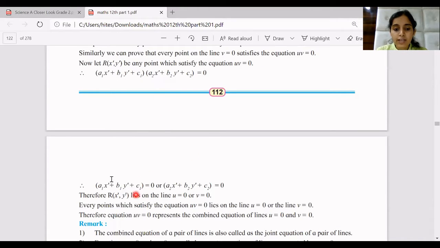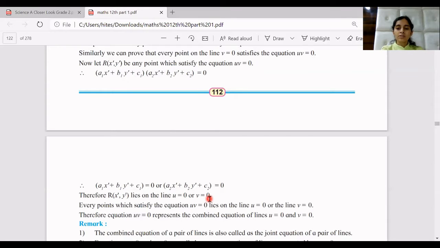So normally we write this as, therefore either the first bracket is 0 or the second bracket is 0. That is a1 x' plus b1 y' plus c1 is 0, or a2 x' plus b2 y' plus c2 is equal to 0. Therefore R(x', y') lies on the line u equal to 0 or v equal to 0.